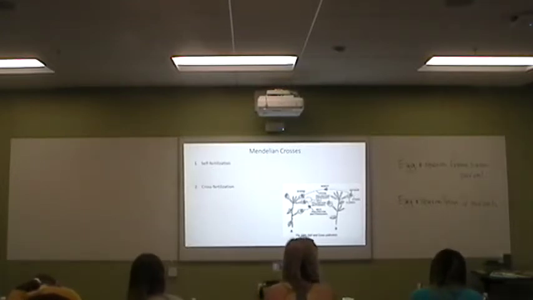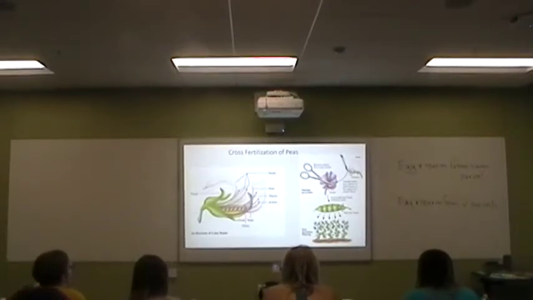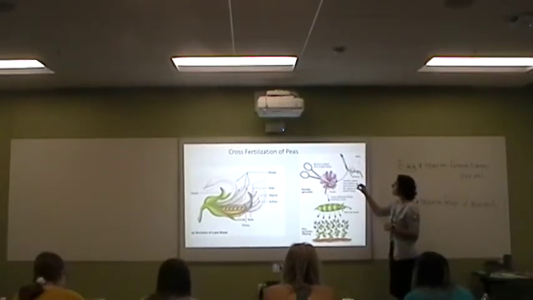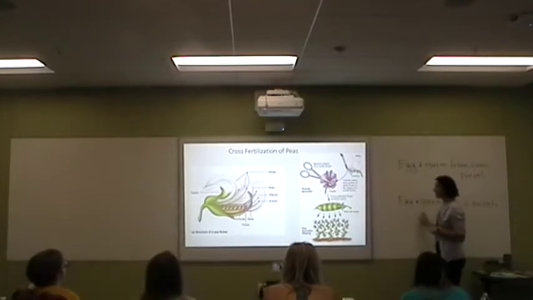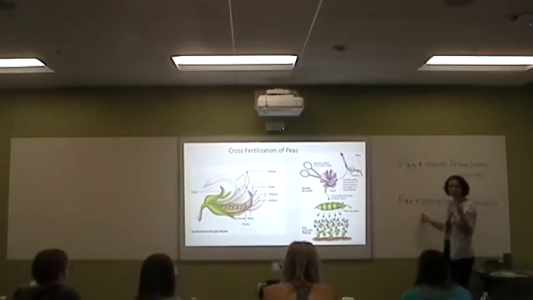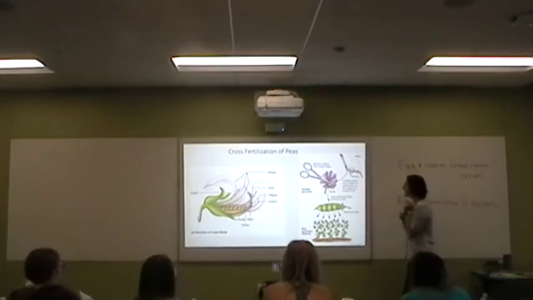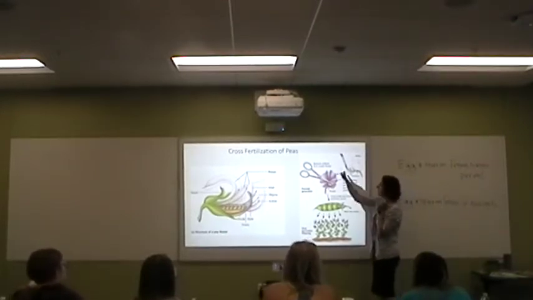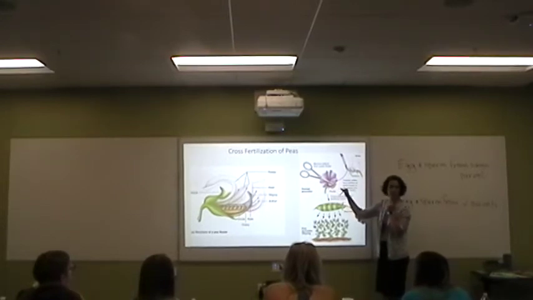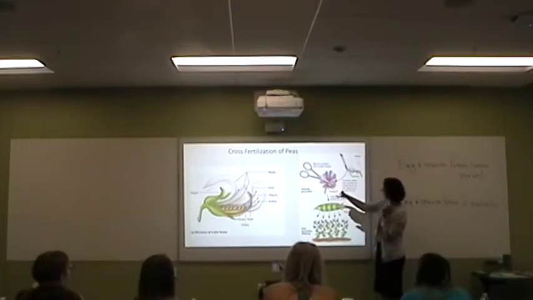So Mendel was able to manipulate the plants at different times in the experiment. When he wanted to do cross-fertilization, so he wanted egg and sperm to only come from two parents instead of self-fertilization, he would actually go into the flowers before they bloomed, cut off some of the reproductive organs so that these anthers could not, is that right?